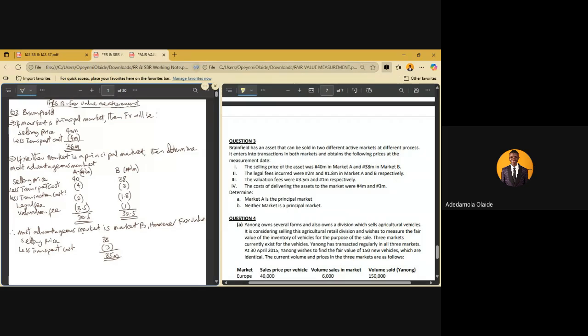That means if we use the most advantageous market, the fair value is 35 million. But if we are using principal market, where A is the principal market, then fair value will be 36 million.